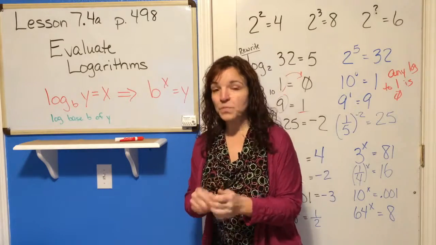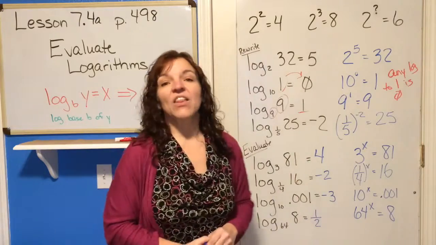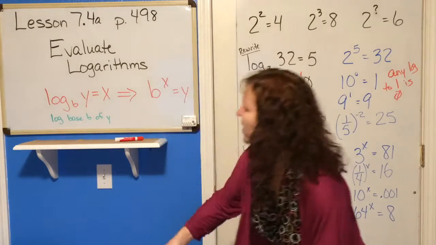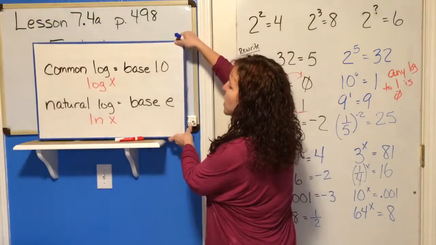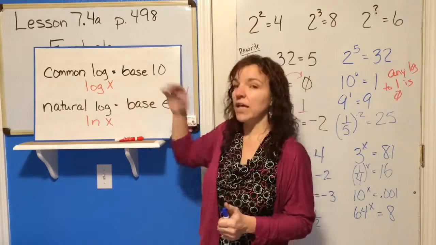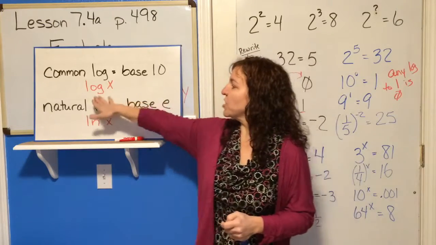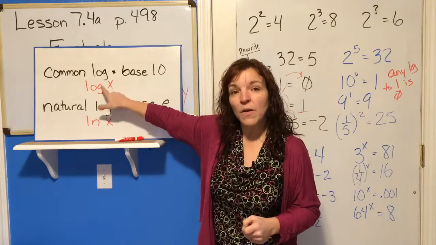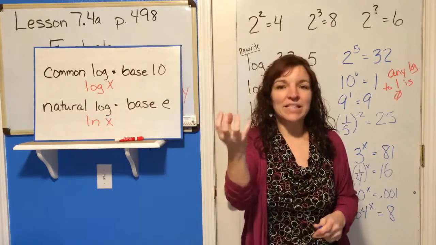So now there are a couple of things that are going to be common with logarithms. A common log has base 10. So if I just say log of something without giving you the base down there, then that's going to be a base of 10.